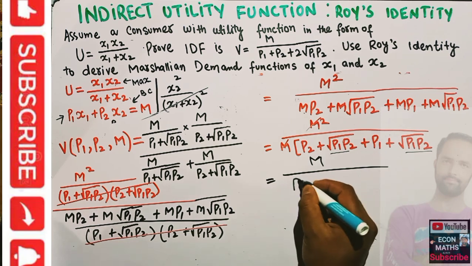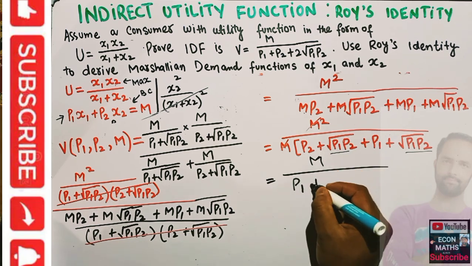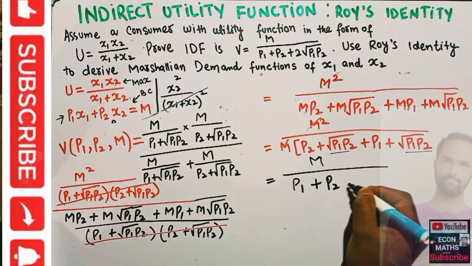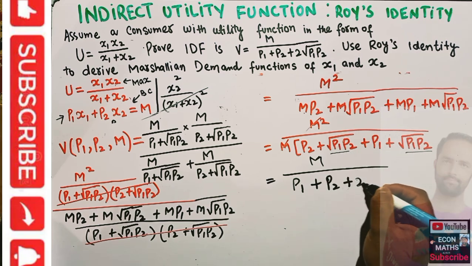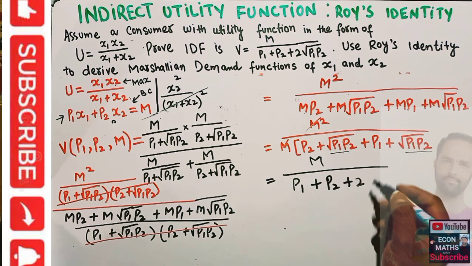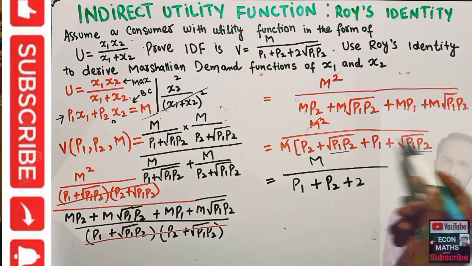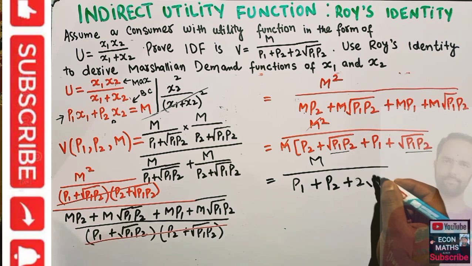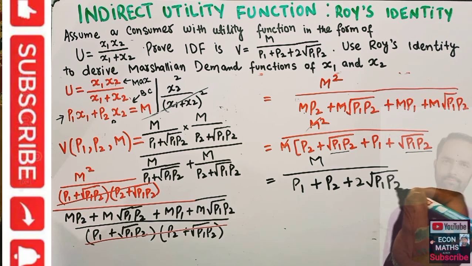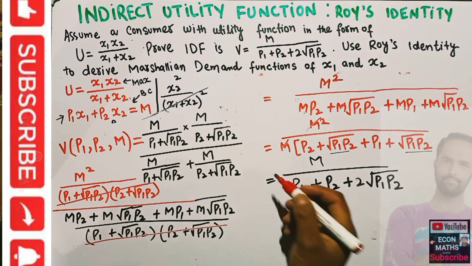I am left with p1 plus p2 plus twice root p1 p2, because they are the same terms. I hope I am making the calculation right. So this is our indirect utility function, okay.